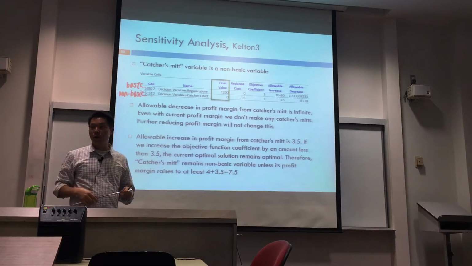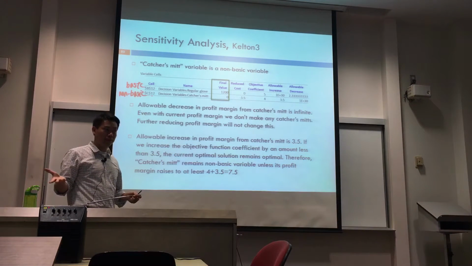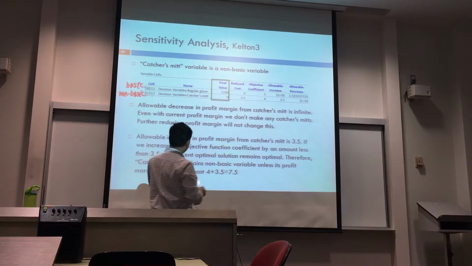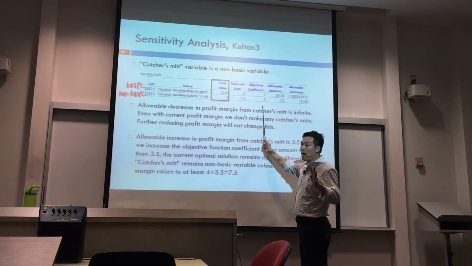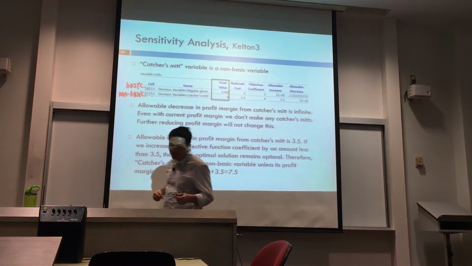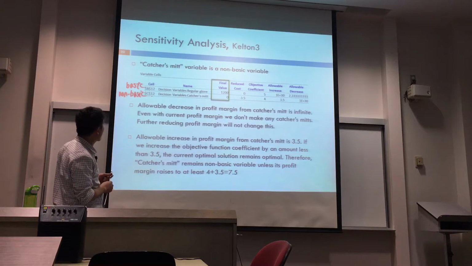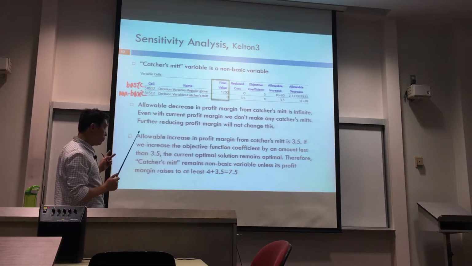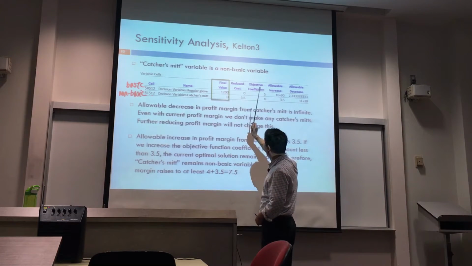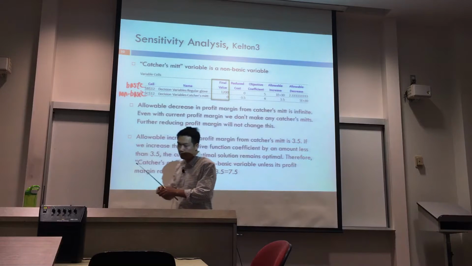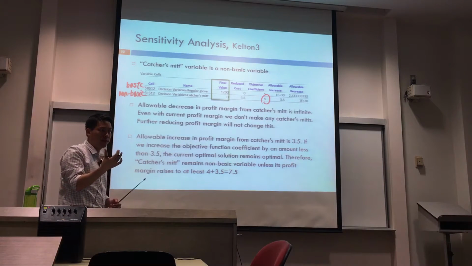So here is something very shocking. Probably the profit margin is not high enough, right? So this is zero because this coefficient, which is like profit margin, is not high enough. Okay. So the allowable decrease of this number is infinite.